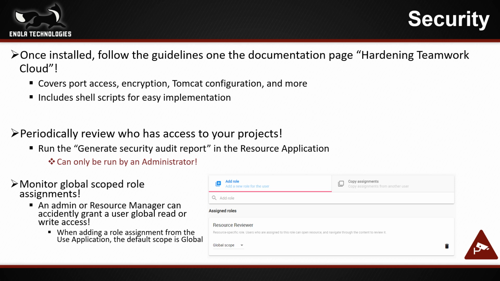And the fact that it's default to global scope means it's pretty easy to accidentally save that and give someone global access. Now, one way to prevent that is to teach people not to manage access through the user application and to do it from the resource application. And therefore, you're less likely to grant someone global access, or you actually have to put a little work into it.